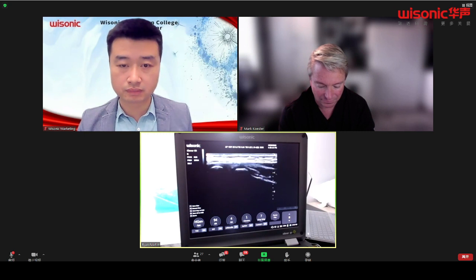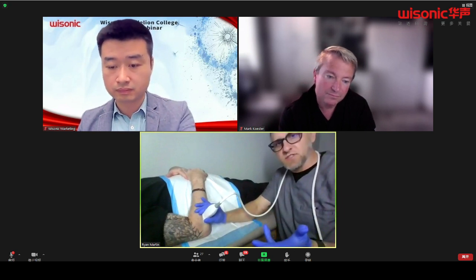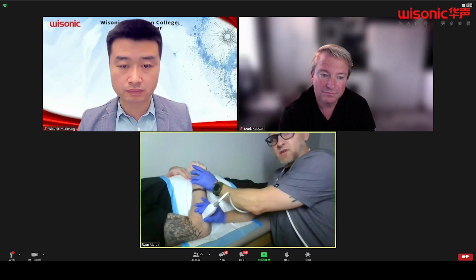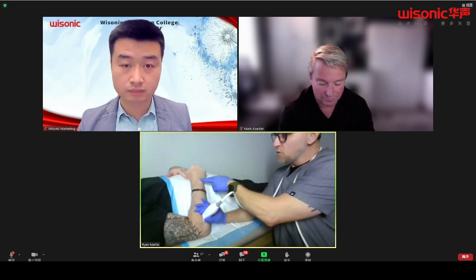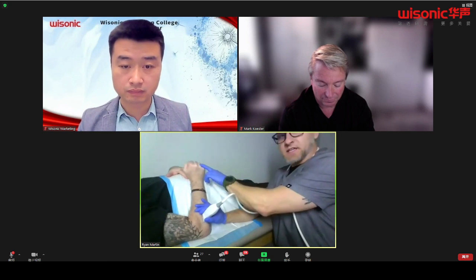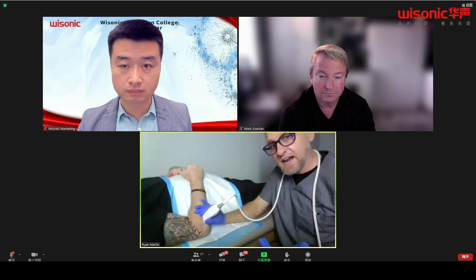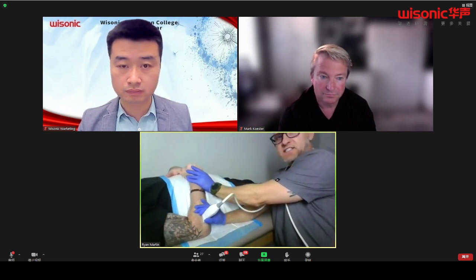And then with these, what you can have them do, so if you can see the screen over here, if you want to do some resisted testing or some dynamic testing, it's just a matter of the wrist right into here. So you can say, can you move your wrist up and down for me nice and slowly? So up and down. Or if you're concerned of a rupture or a tear, the next thing you could do is have them hold that extension and say, all right, do not move, and I'm going to push into you.